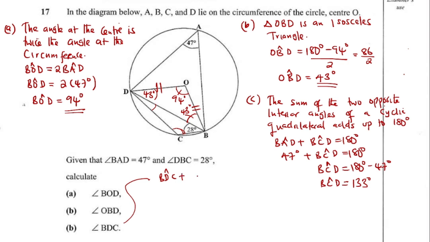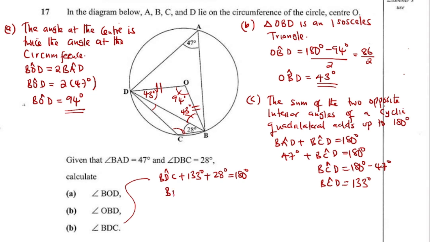BDC plus 133 degrees plus the 28 there at B is equal to 180. So the angles in that triangle, if you add, are supposed to give us 180.